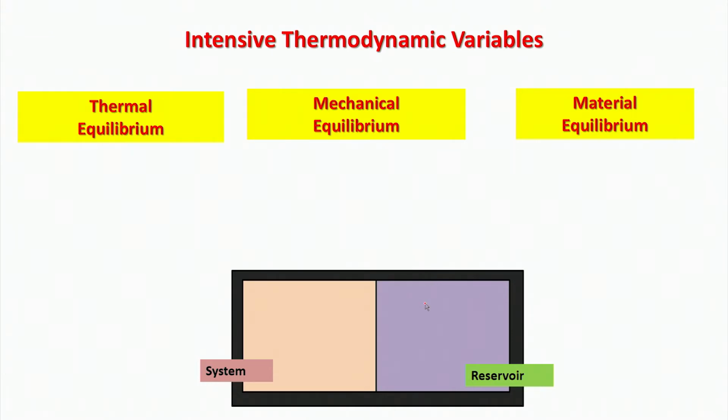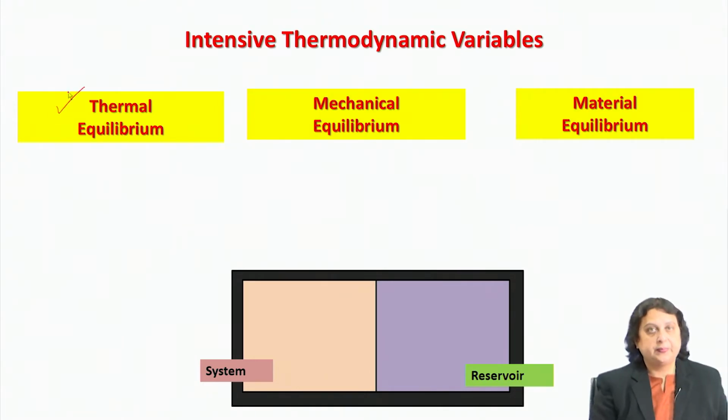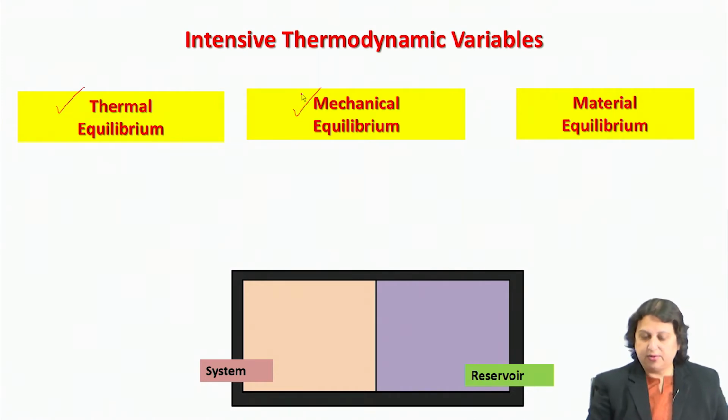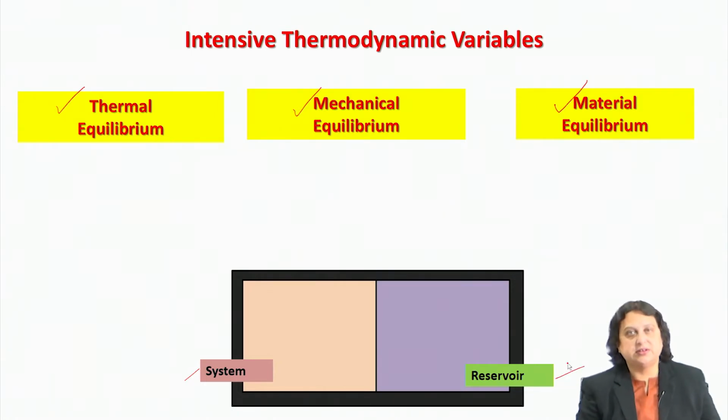Now, what are the different types of equilibria that we have come across? We know that a system, when I'm describing its equilibrium state, may be in thermal equilibrium, or in a mechanical equilibrium, or in a material equilibrium, depending on how the system is interacting with its reservoir.